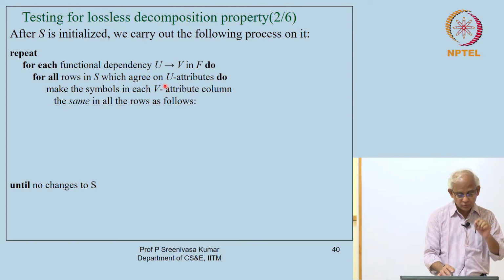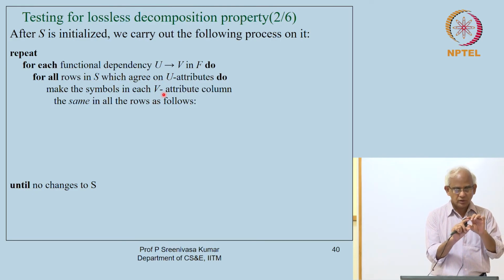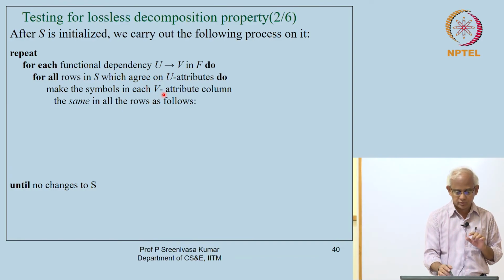Let us say there are 3 rows, all agreeing on the U attributes. Take one of the V attributes and ensure that the same value exists in that column in all those rows. If you do that, then we have ensured that U determines V is enforced on that matrix.